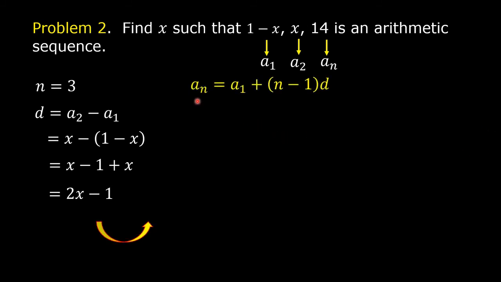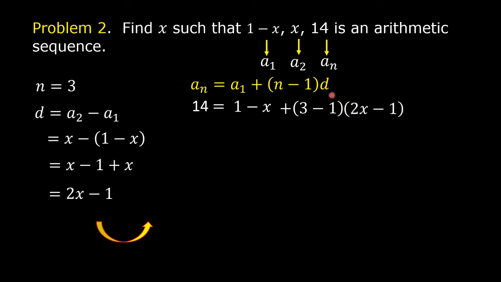The formula for arithmetic sequence is A sub n is equal to A sub 1 plus the quantity n minus 1 times d. A sub n is equal to 14, and A sub 1 is 1 minus x, plus n is 3, so 3 minus 1, then times d.